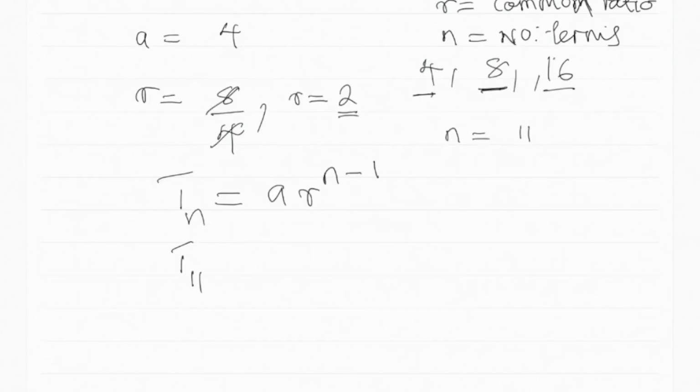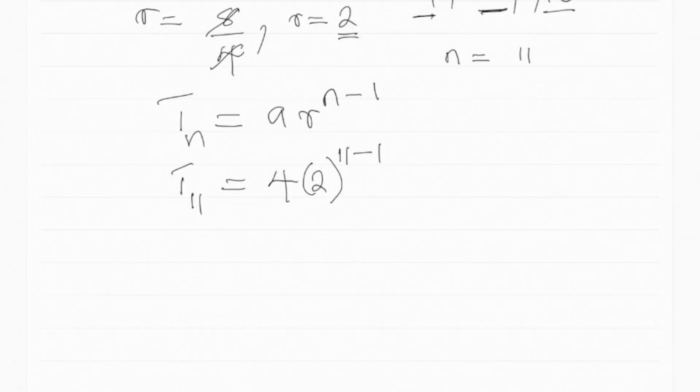Where there is n, I'm going to replace it by 11, the term that has been mentioned. Where there is A, I'm going to replace it by 4, and my common ratio is 2. Then the power is 11 minus 1. Okay, right. I hope you're able to follow that. And if we further simplify that, we're going to have 10, term 11 equals, now here we're supposed to be careful.